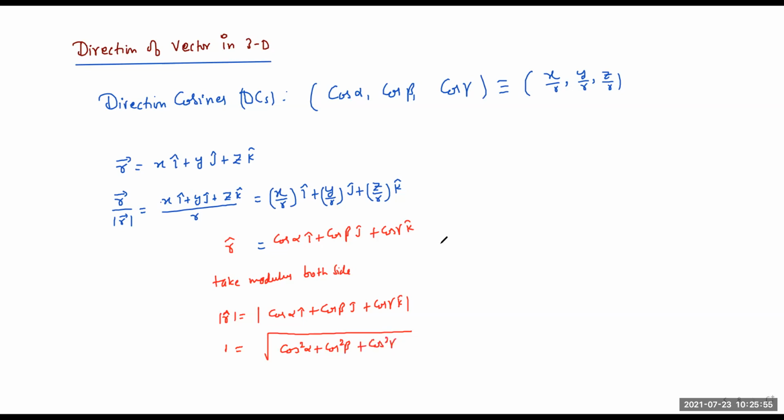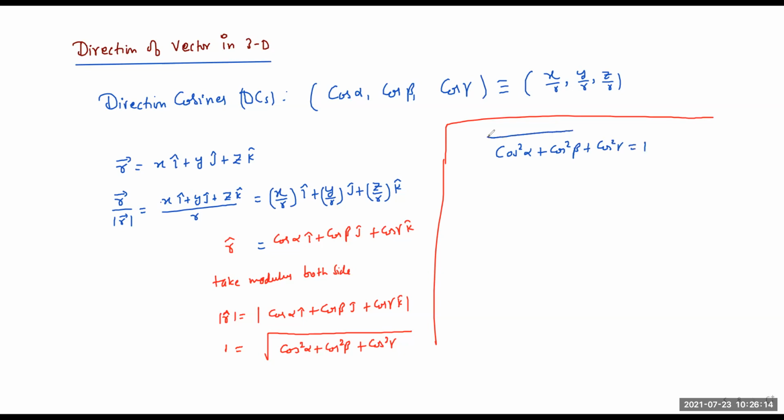This is one of the very fascinating properties: if you add the squares of the direction cosines, they always add up to 1. If you square both sides, cos square alpha plus cos square beta plus cos square gamma equals 1. This is one of the most important properties of direction cosines: the sum of their squares always gives you 1.